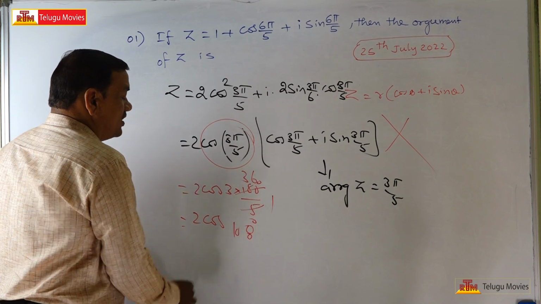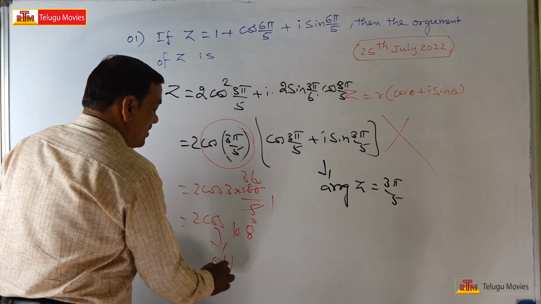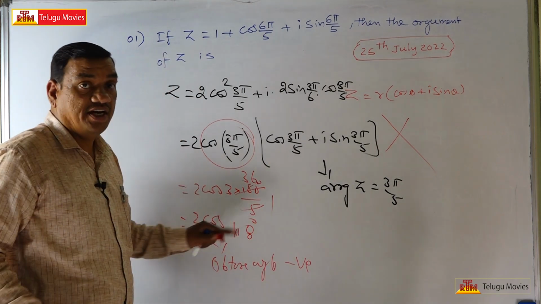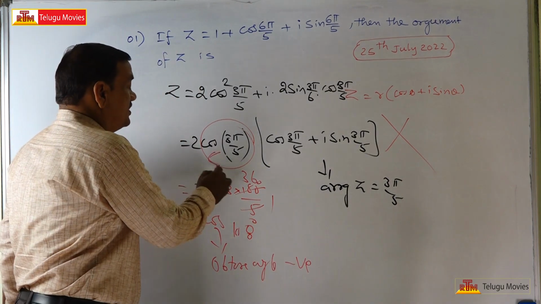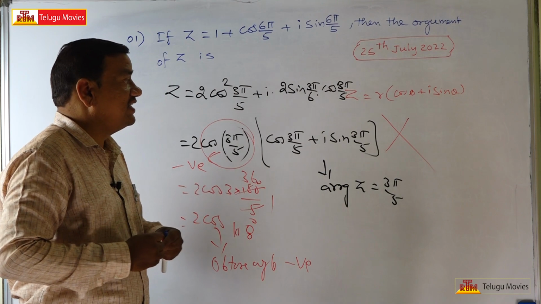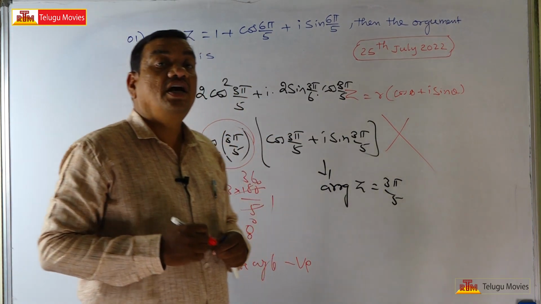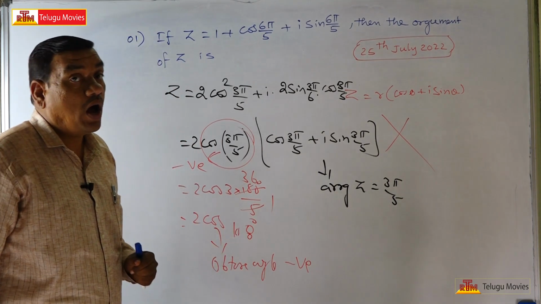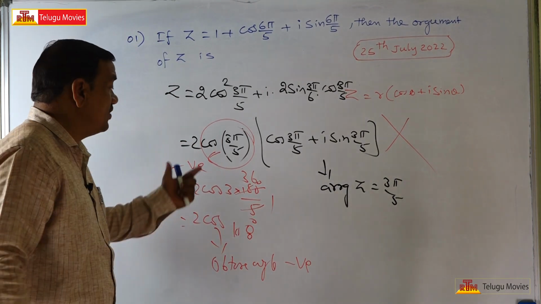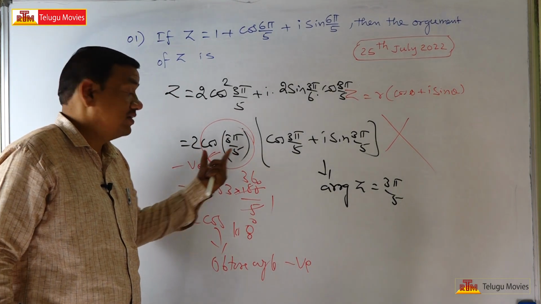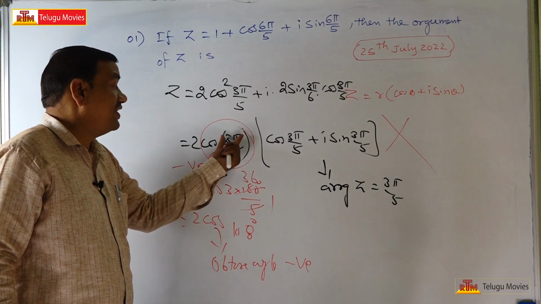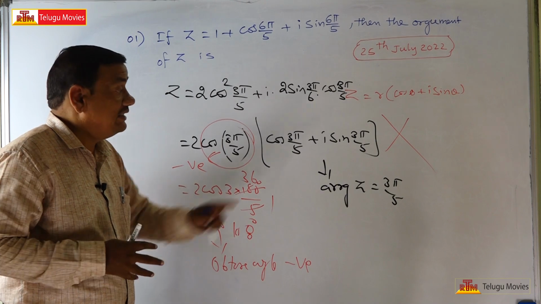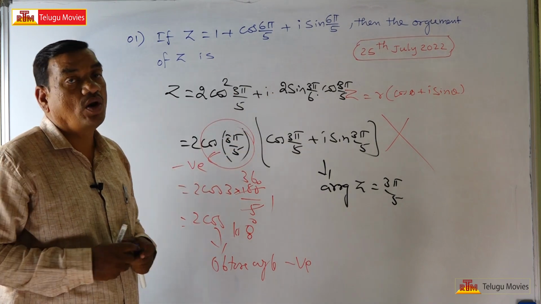It is an obtuse angle, so the cosine is a negative value. But here R should be either 0 or positive. Here you are getting a negative R value, because 3π/5 is an obtuse angle, so this is not in polar form.